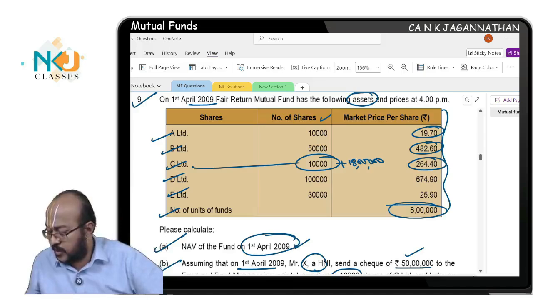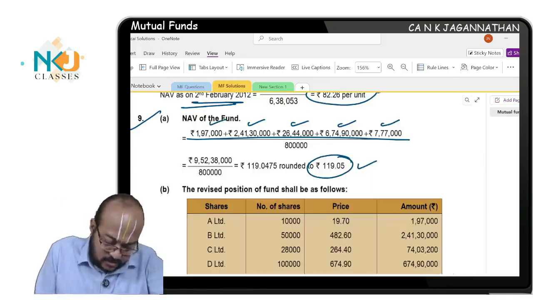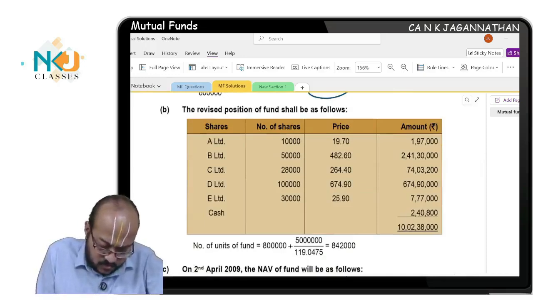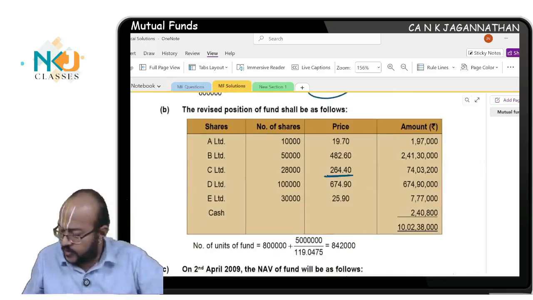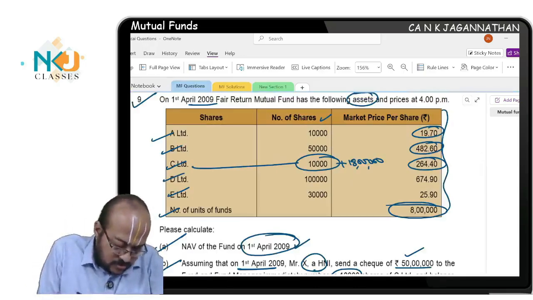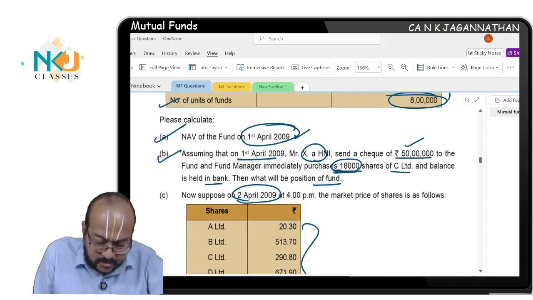So 50 lakhs divided by 264.4, which means 18,910 shares. Okay. How many shares is buying? Yes, 18,000 shares is buying.